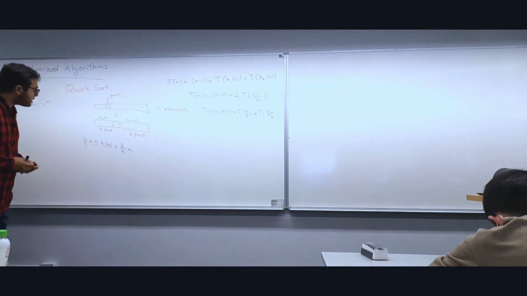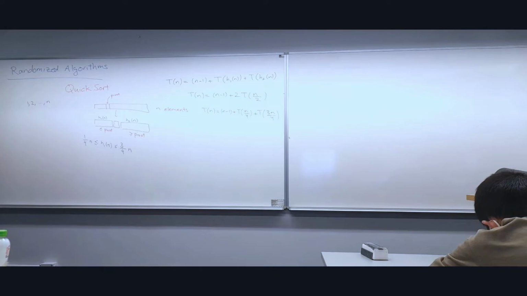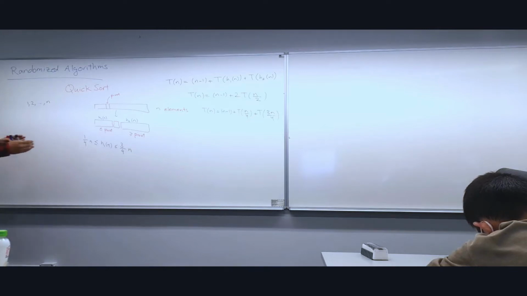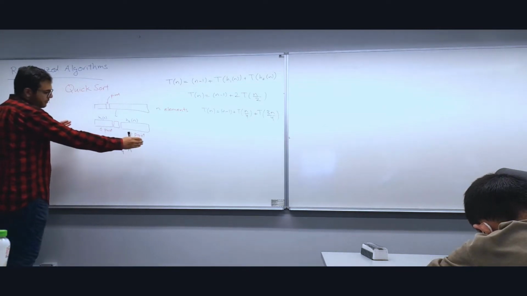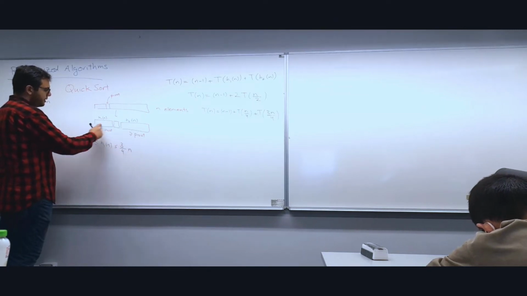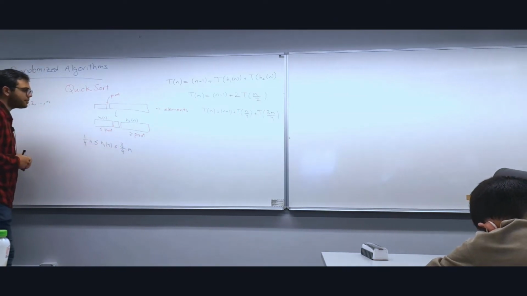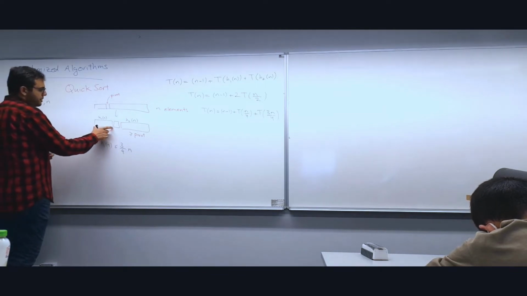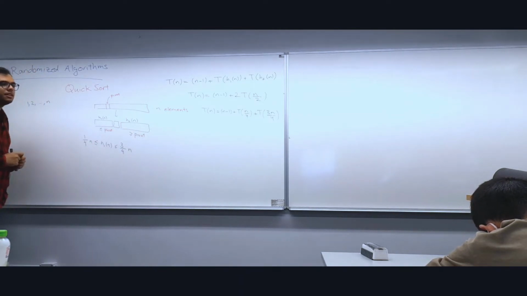So as long as my pivot is chosen in a reasonably good manner, as long as I have a pivot that doesn't really break these two parts very unevenly, as long as I have some constant that tells me the relationship between this part and that part. So if I can say this part is at most a constant times that part, then I can say that my runtime is n log n.